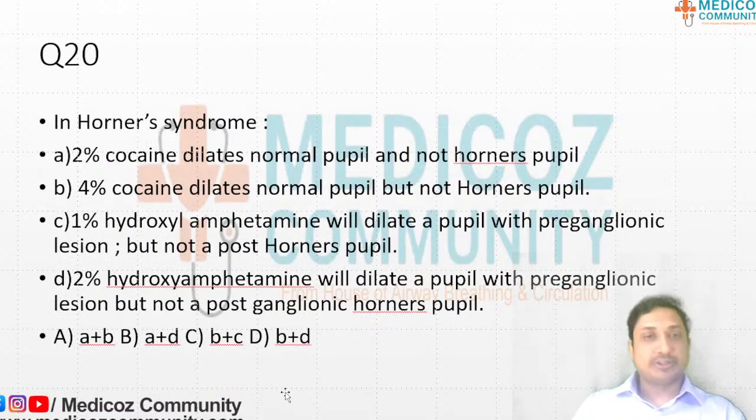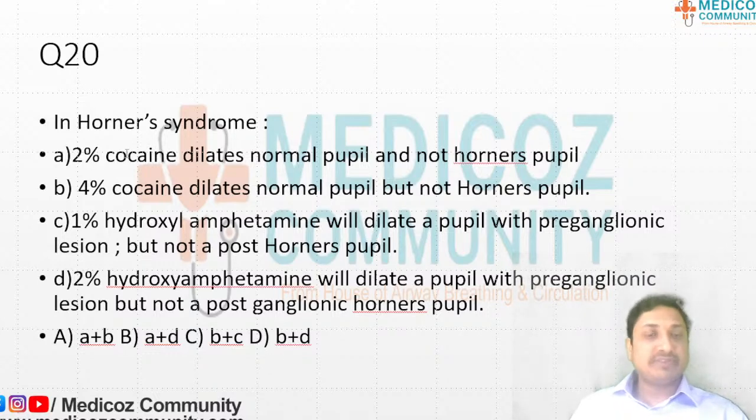This question is about Horner's syndrome. A slightly tricky question, but if you know the details of the concept of Horner's syndrome and the oculosympathetic pathway, then it is not at all difficult to answer. Very important is to listen to this question while I am giving the explanation.